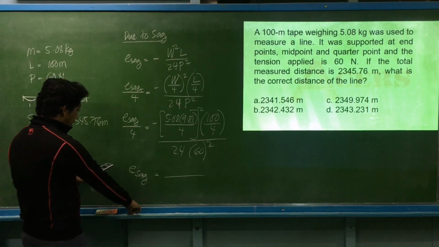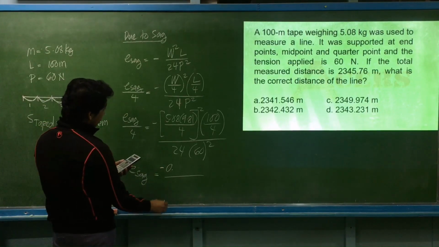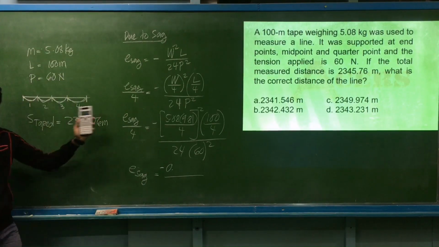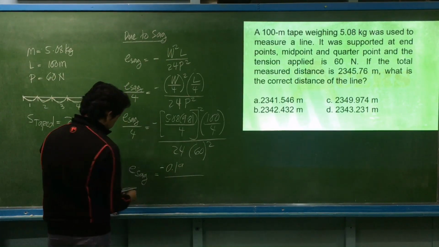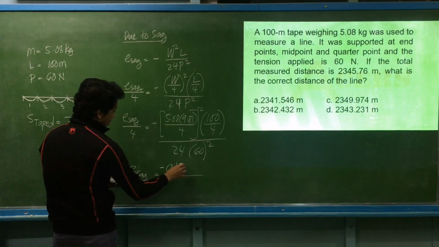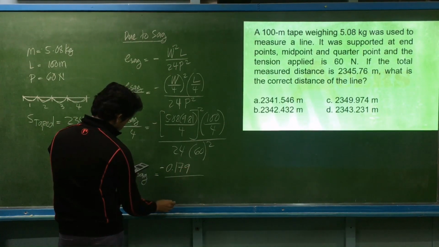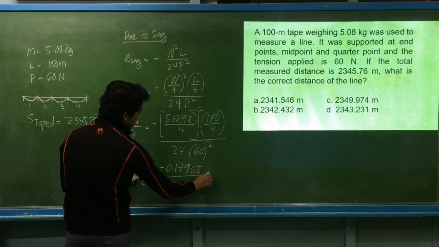Okay, so this is the error per tape. We have 0 point or negative. This is automatically negative. Why automatic negative? Because the effect of sag is shortening. Negative 0.17179.65 meter.